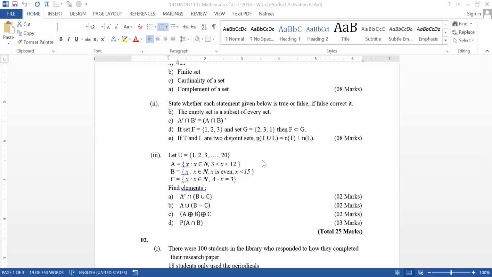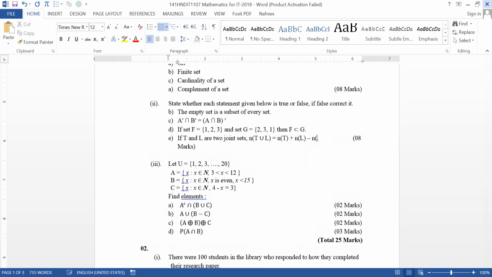Disjoint means there is no connection between set T and set L. If it is disjoint, you can directly use this equation. If it is not disjoint, for example a joint set, then it should be something like this: look here, the number of elements in T intersection L also comes in.